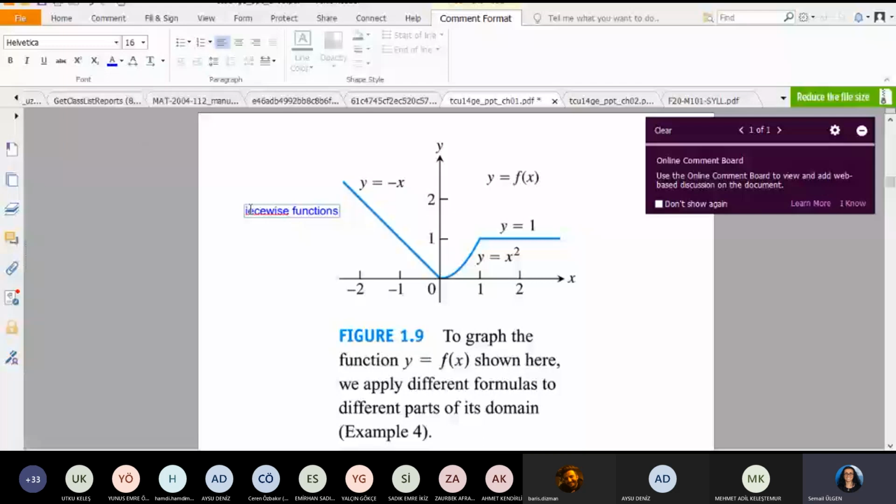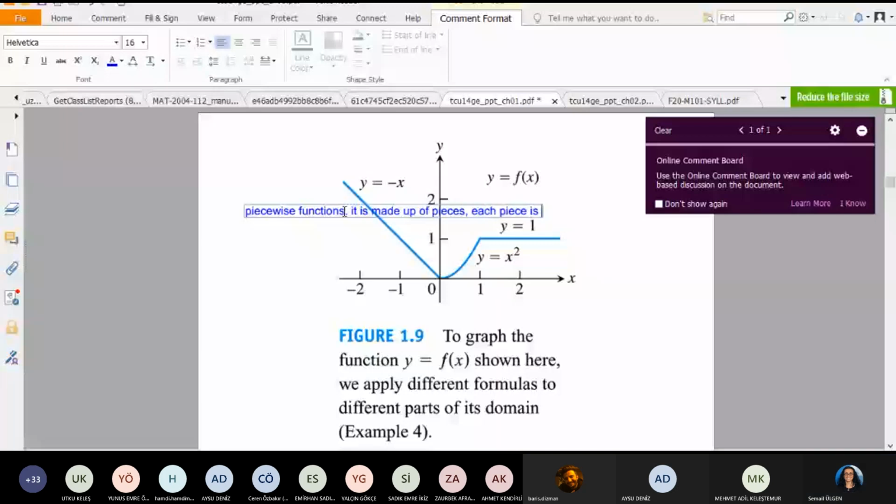Piecewise functions. These are called piecewise functions, okay? It's made up of pieces. Each piece is a function.